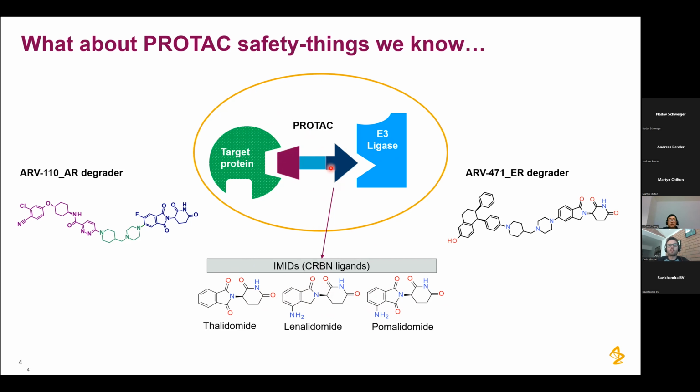So the PROTAC community has used these compounds to bring the target protein close to cereblon for degradation. This is, for example, the structure of the AR degrader called ARV110, which uses this pomalidomide derivative here. And this is the structure of the ER degrader, which uses a lenalidomide warhead here.